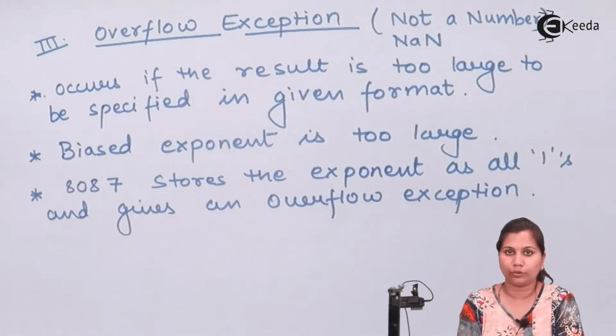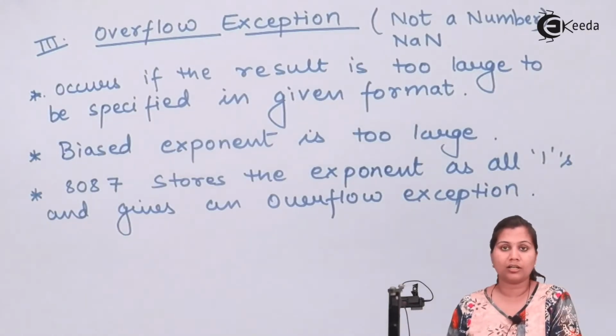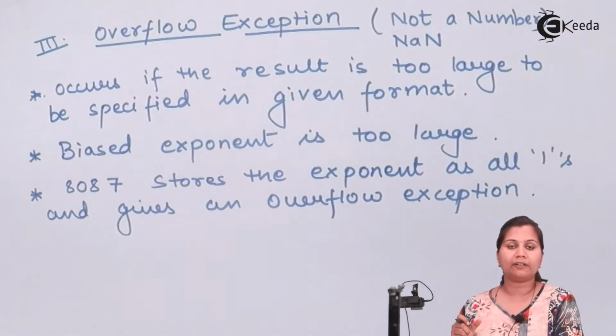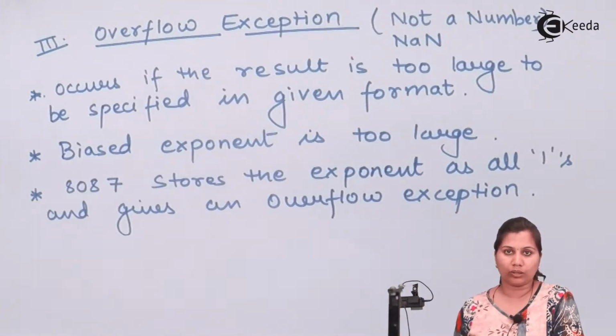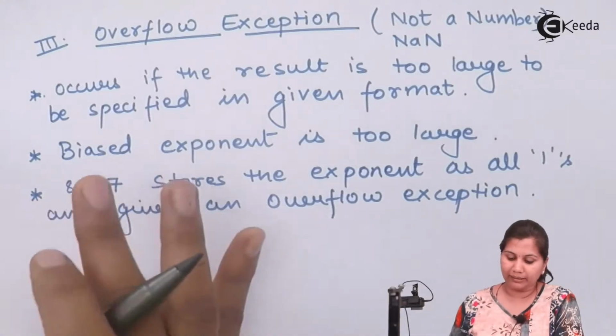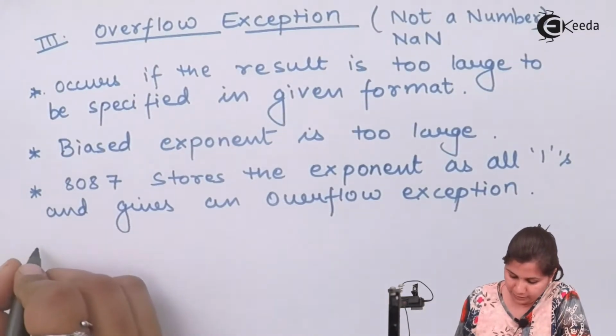So this is how the 8087 processor is going to know that it is an overflow condition and this is the underflow condition. Now in the underflow condition, if the exponent and mantissa components are all 0, then it will be considered as a 0 number. Whereas in the overflow exception, if the exponent is all 1 and mantissa is all 0, then it represents infinity. Okay, so this is a note.